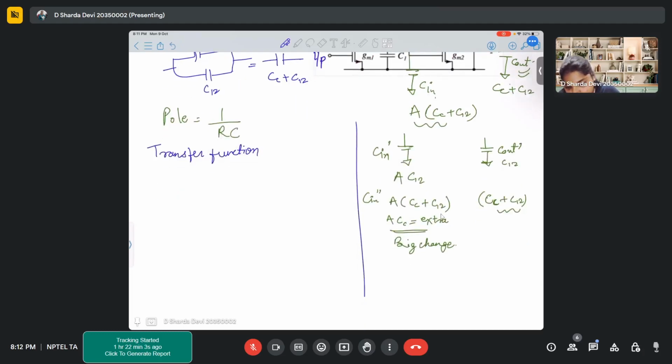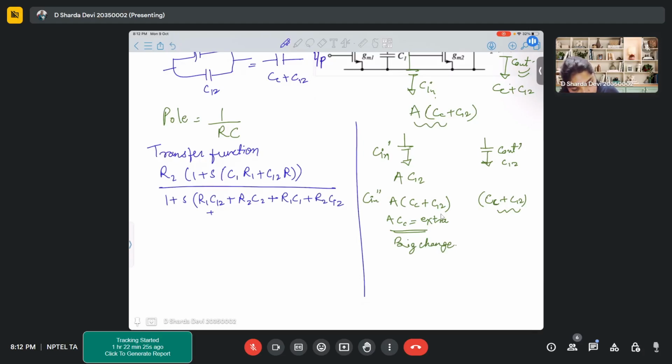The transfer function of this circuit is R2 times (1 plus S(C1 R1 plus C12 R...)) upon 1 plus S(R1 C12 plus R2 C2 plus R1 C1 plus R2 C12 plus GM2 R1 R2 C12) plus S square (C1 C2 plus C1 C12 plus C2 C12) into R1 R2.